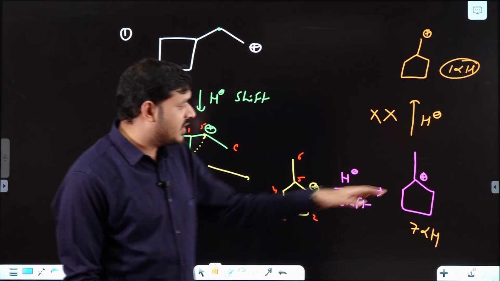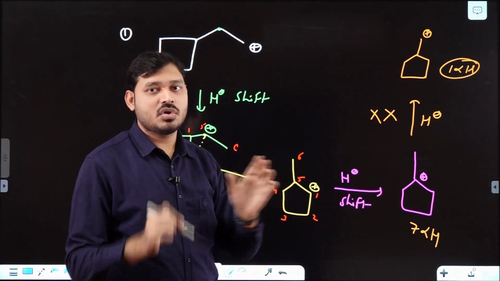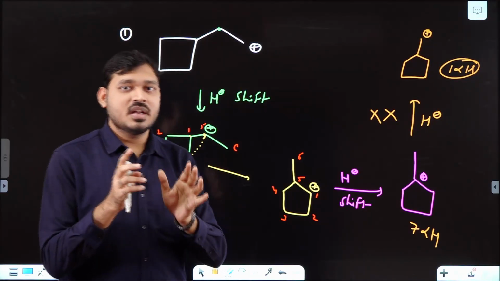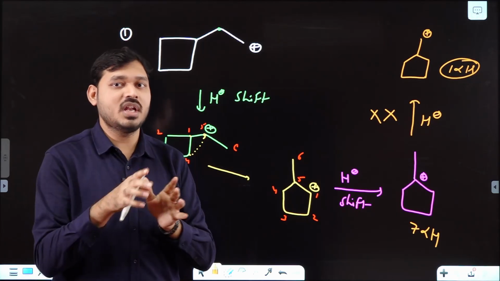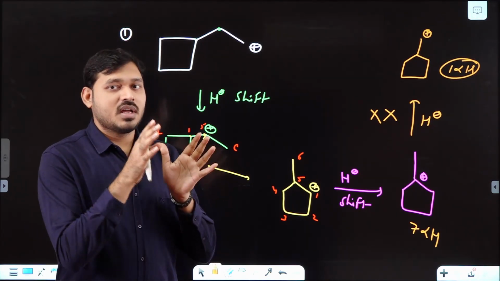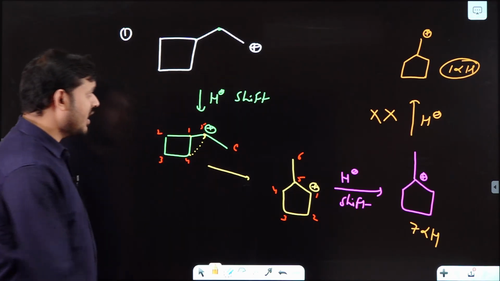Okay. So if this step is not possible, you cannot make it 6-membered ring. Simple. So don't confuse. Always remember the next step after rearrangement must be more stable than the earlier one. Then only ring expansion or rearrangement will occur. Otherwise it will not occur. Clear? Note it down.